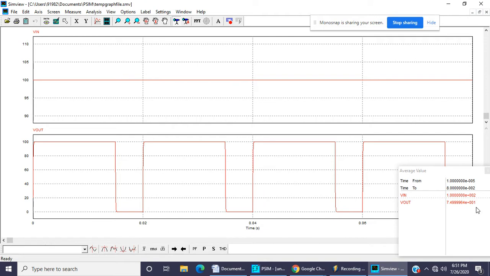It is approximately equal to 75 volt. The output voltage is the average of this on and off cycle.